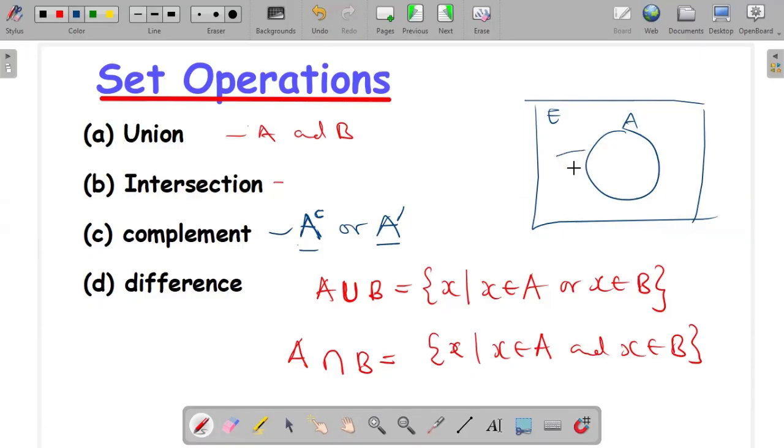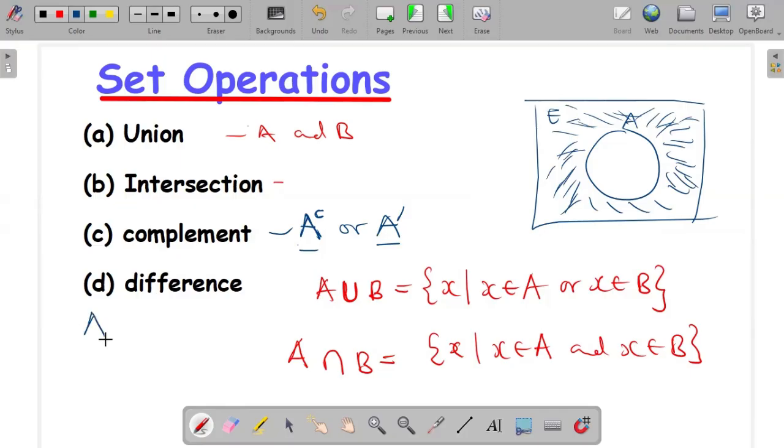So meaning when you're shading outside A, you shade the part which is the universal set there, like that. You shade all that part, everything like that.